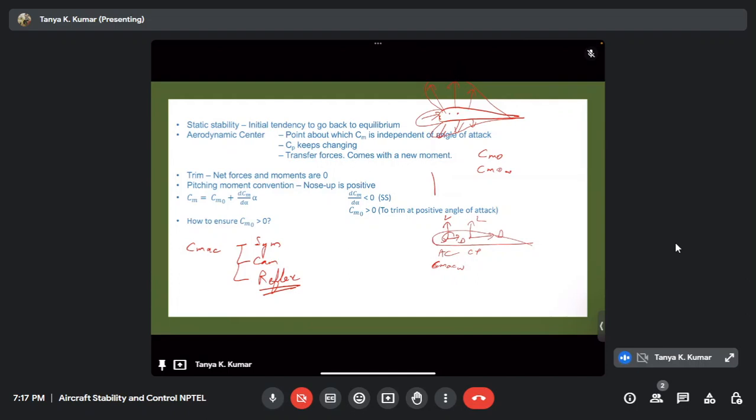So, what is symmetric? What is cambered? How is it different? Why do we need reflex? Where is reflex used? Just refer to your notes or the previous slides or anything that you've taken down.